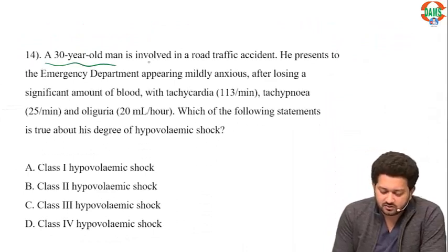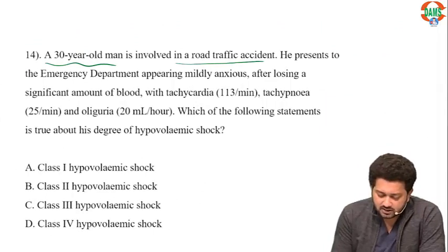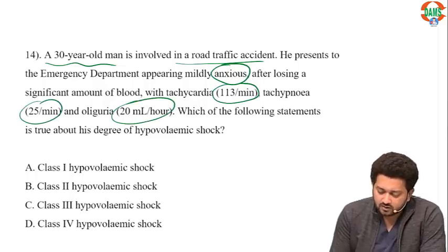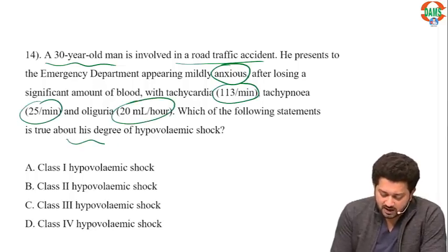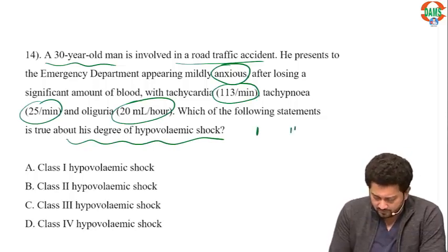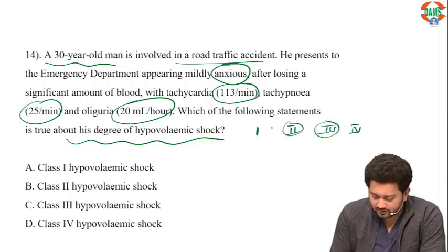Next question, a 30-year-old man involved in a road traffic accident and mildly anxious after losing a significant amount of blood, tachycardia, tachypnea and oliguria. Okay, and now they are asking which degree of hypovolemic shock. Hypovolemic shock has grade 1, 2, 3 and 4 depending on the blood loss.